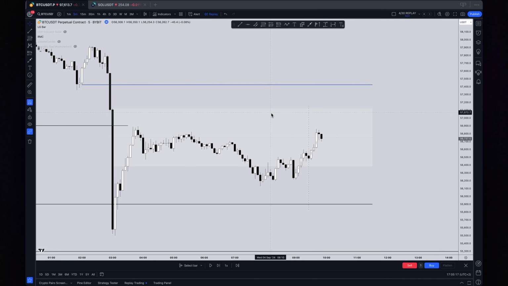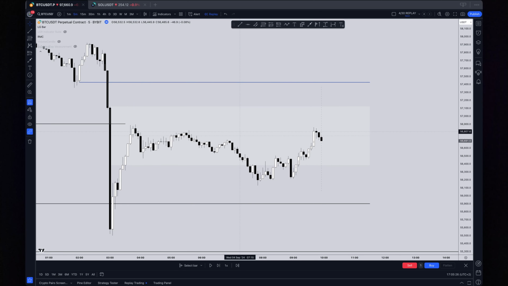That's a nice spike up. Just sweeps that. Okay, on the 30 that sweeps the EQ. Let's have a look at the 30.